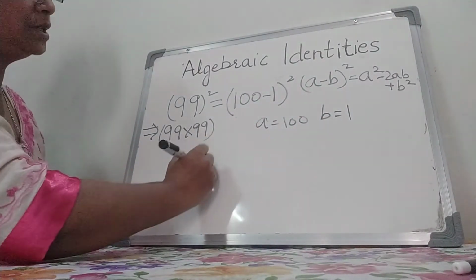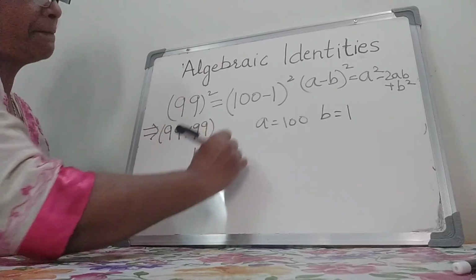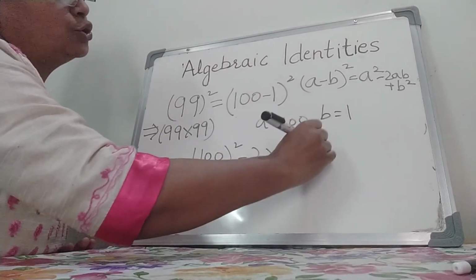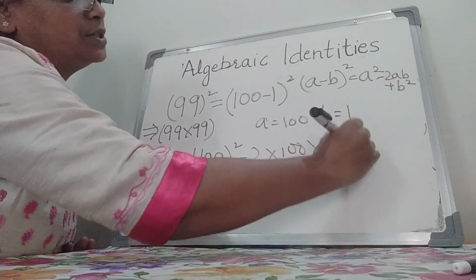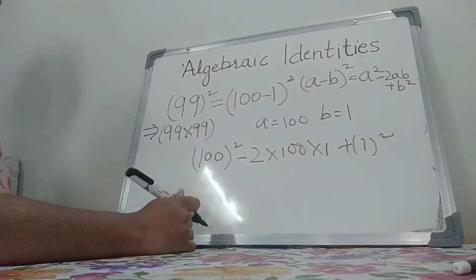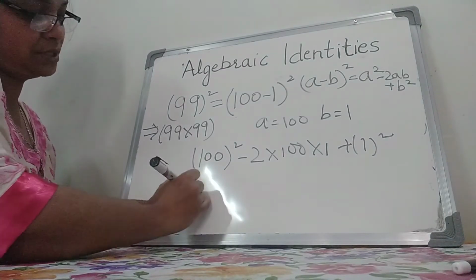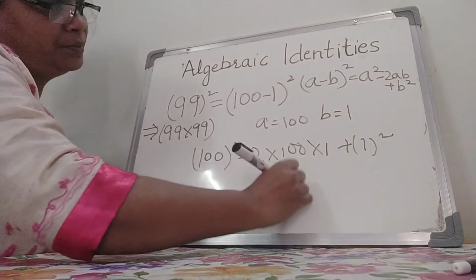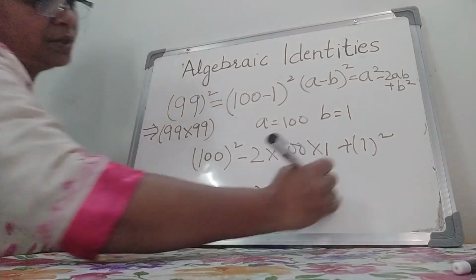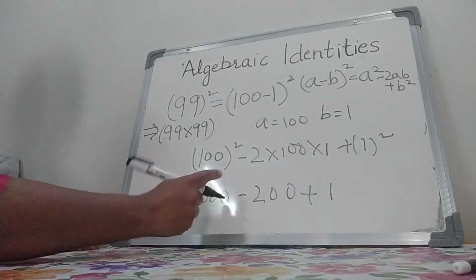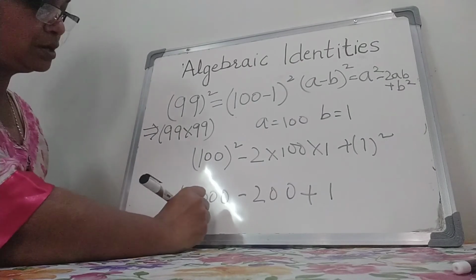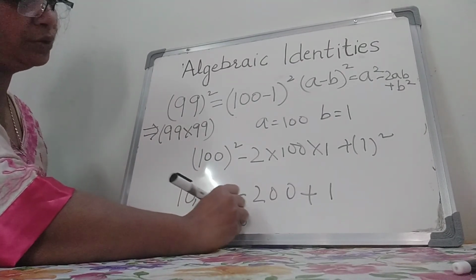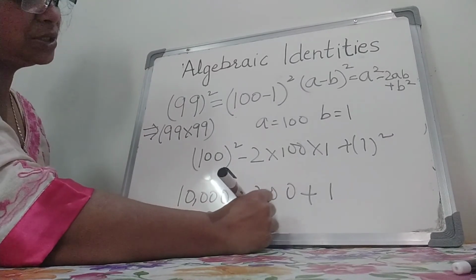a square means 100 square, minus 2 into 100, a, into 1, b, plus 1 square, b square, that is 1. 100 square is 10,000, minus 200, plus 1. What will it be?